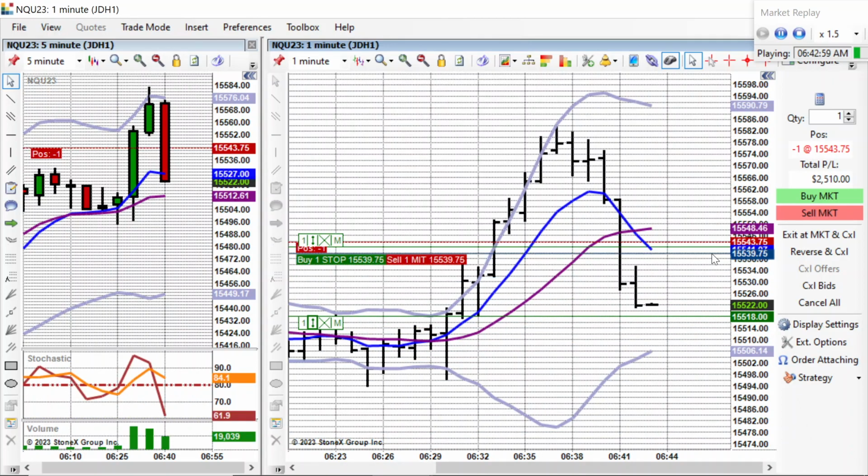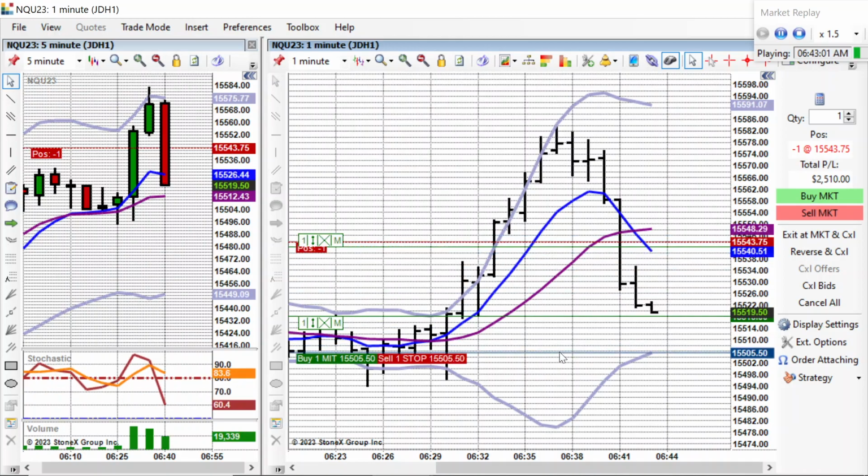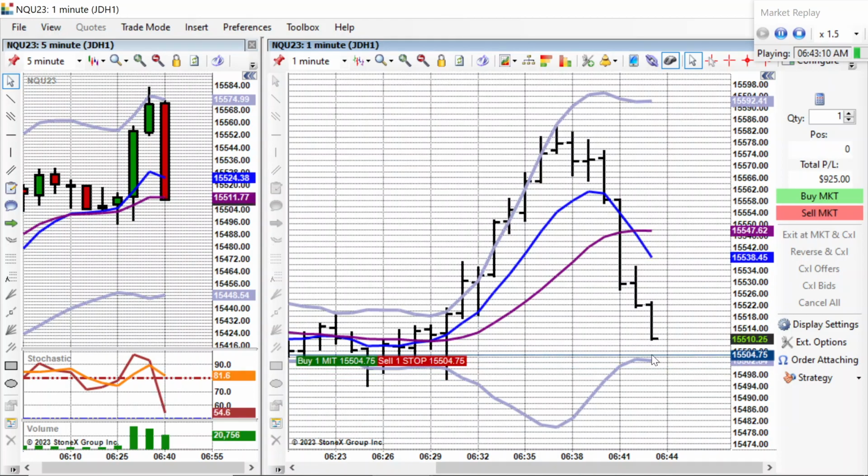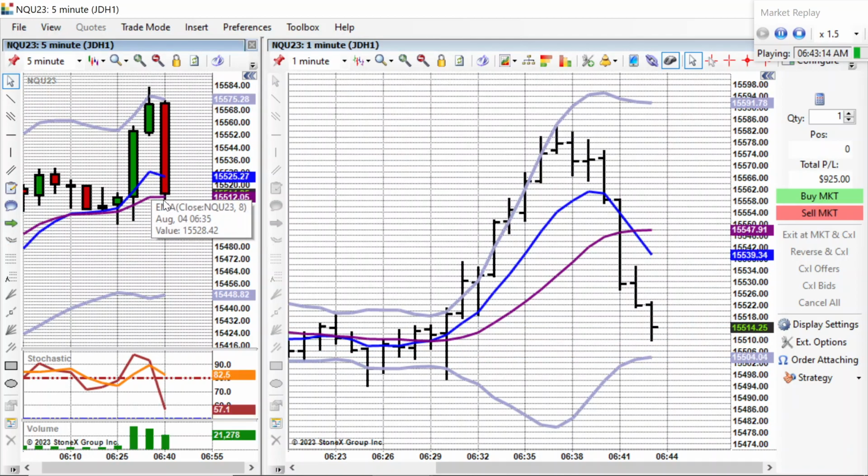I think it's going to give me a little bit more profit, so I moved the target down. I was a little conservative on that because it's probably going to drop to that lower Bollinger Band at least. And you see it starting to bend inward and cross over on the 5-minute side.